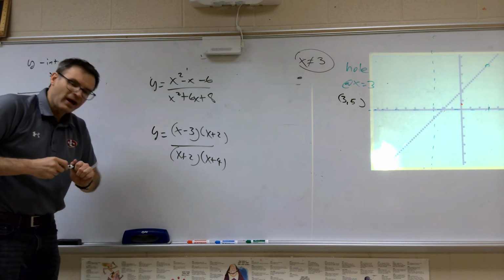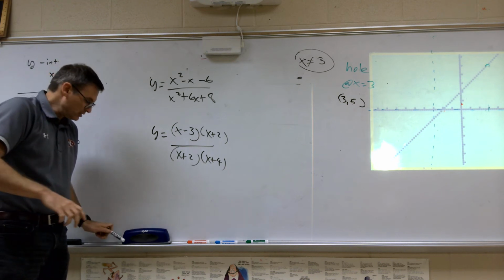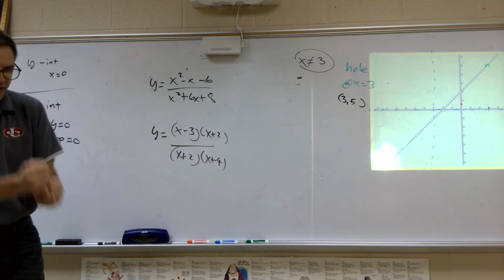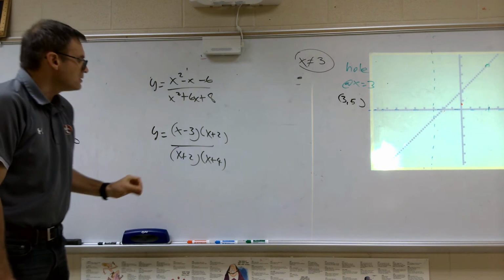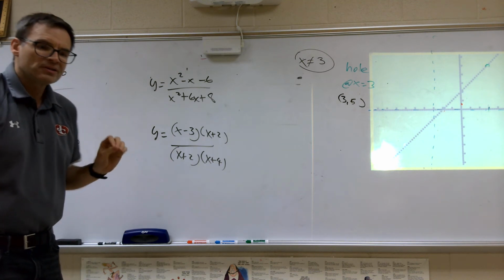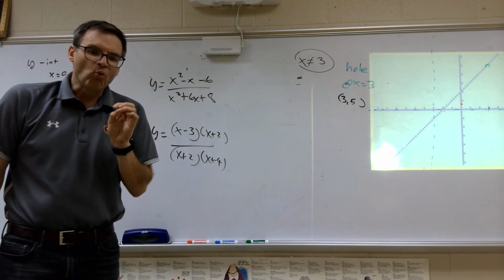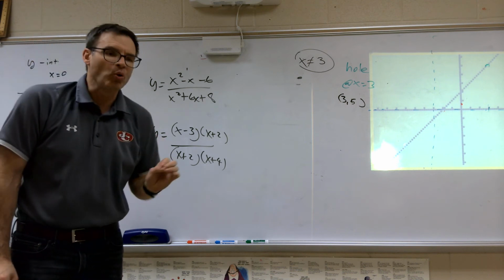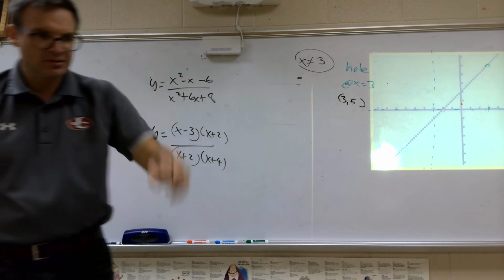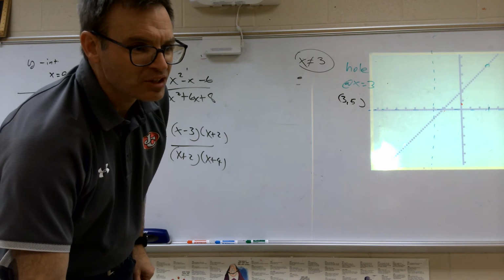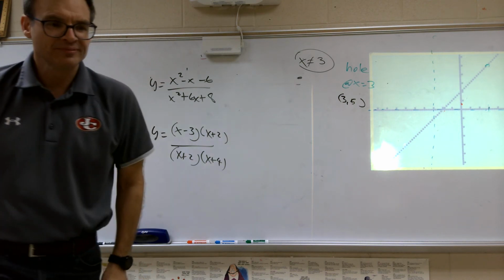And just to see if you're paying attention, maybe wake you up a little bit, I want you to type in what x value gives you a hole. So in the comments, I want everybody to type in what x value is going to give you a hole.